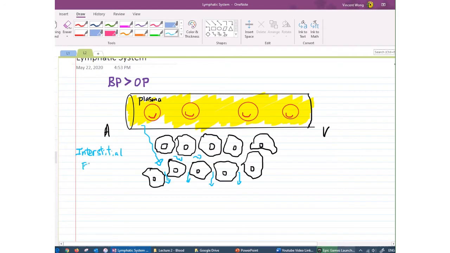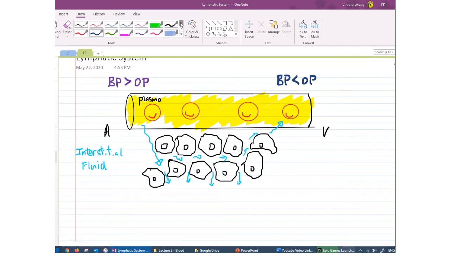Interstitial fluid. Okay, and some of this fluid will then travel to the other side of your capillaries, and it's going to go back inside. And that occurs because on the venous side, the blood pressure is less than the osmotic pressure, so you're going to be able to draw the fluid back in.